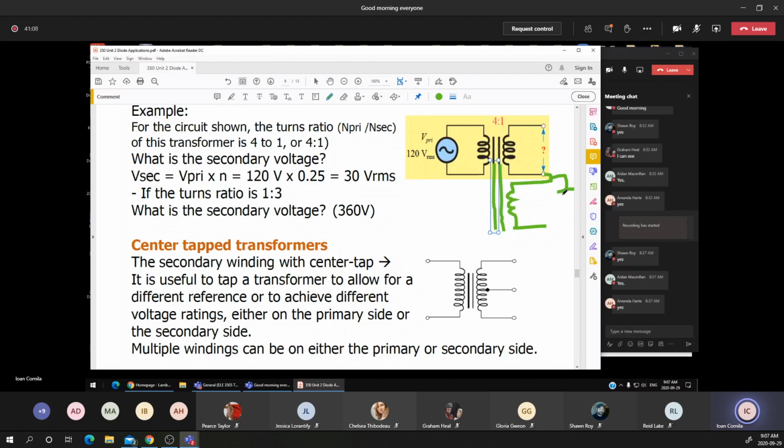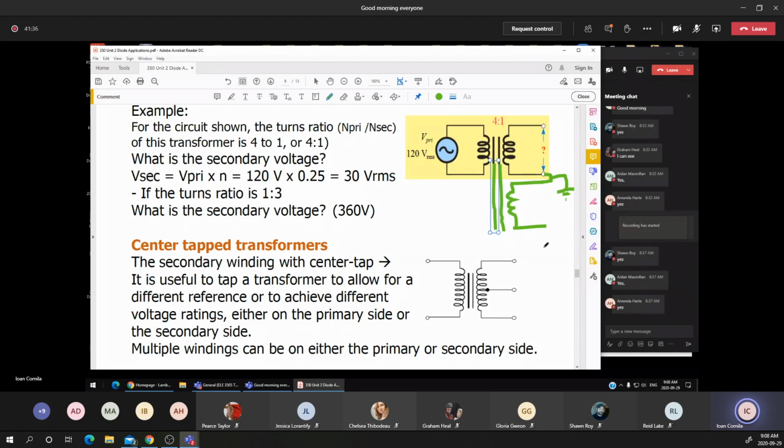Two identical windings means that the voltage between the ground and the top side, and between the ground and the bottom side, will have identical voltages. Now remember that we have an AC voltage source. Let's try to determine the polarity on the two secondary voltages.